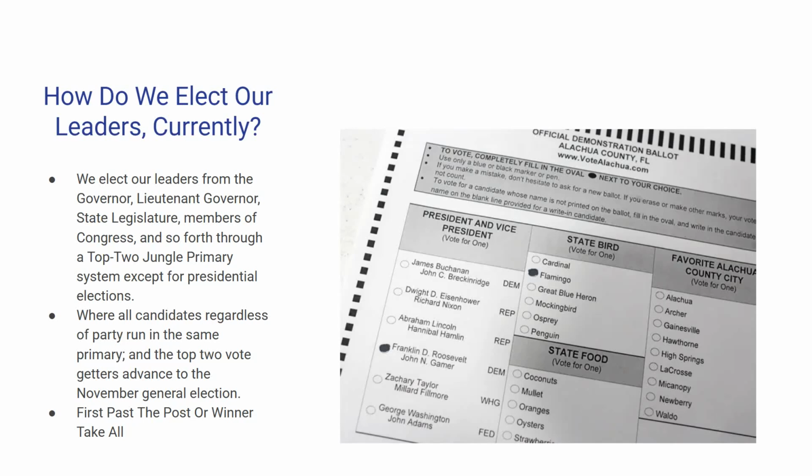Meaning, all the candidates, from Republican candidates, Democratic candidates, Libertarians, Greens, American Independent Party candidates, Peace and Freedom Party candidates, no party preference candidates, and so forth, they all run in a first round all candidate primary. And the top two vote getters advance to the November general election.